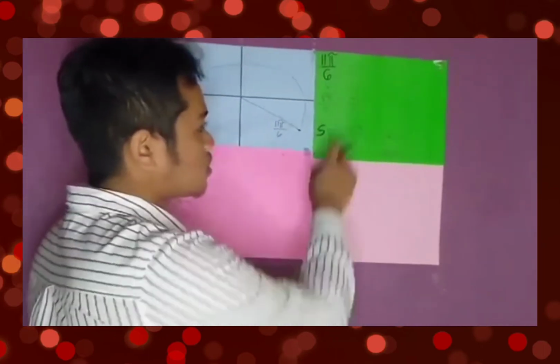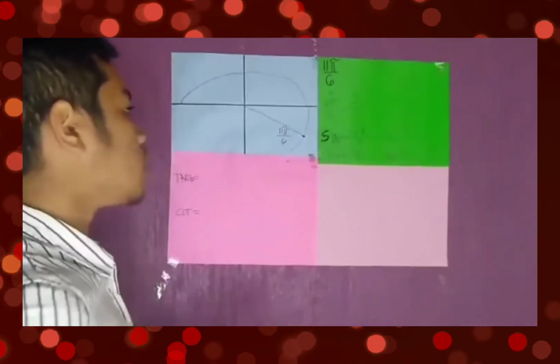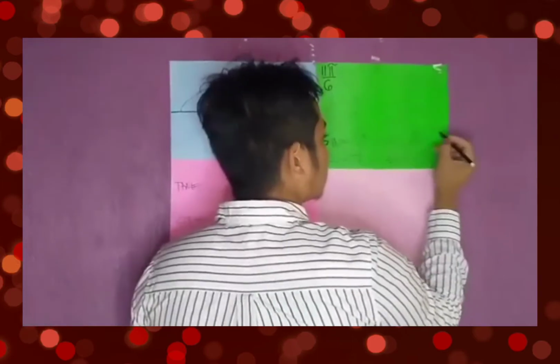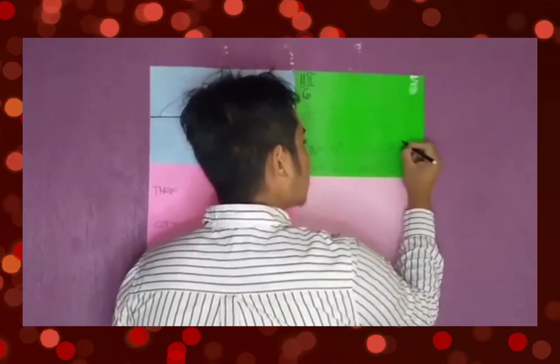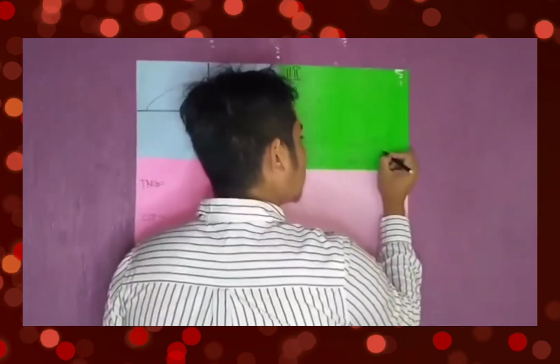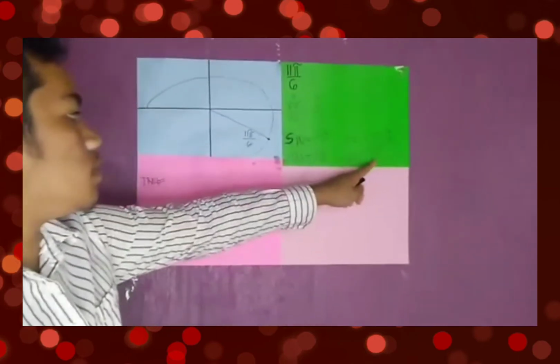Then the cosecant is the reciprocal of sine, which is negative 2. The secant is the reciprocal of cosine, 2 over square root of 3. Then we're going to rationalize, so the secant is equal to 2 square root of 3 over 3.